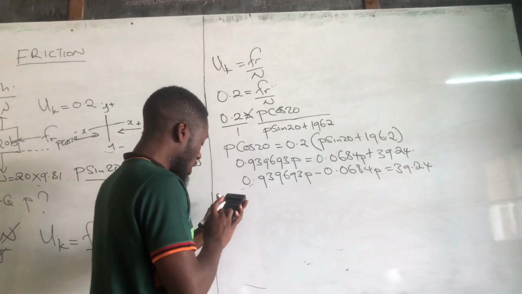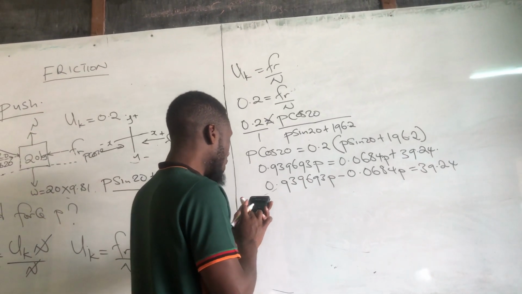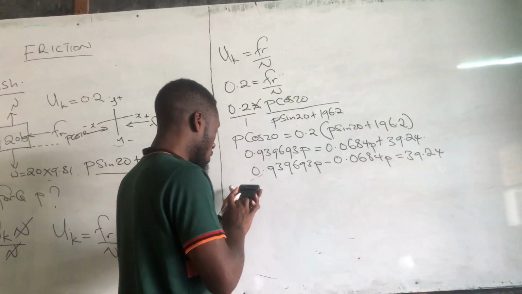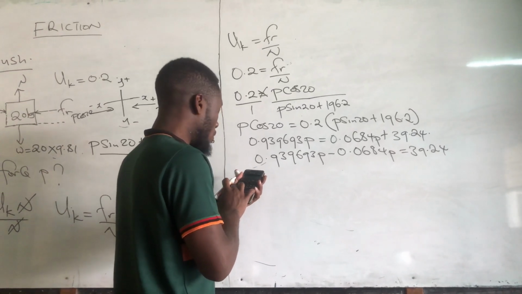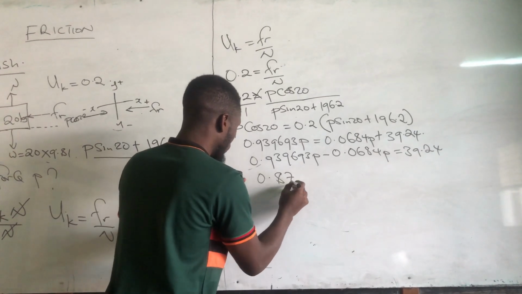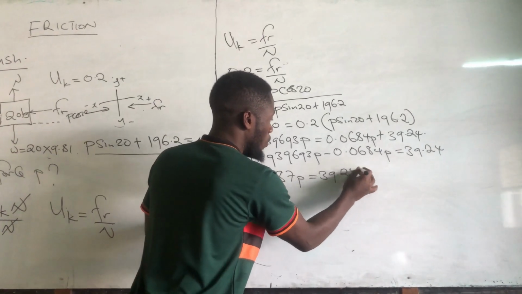0.939693 minus 0.0684, which is equal to 0.87. So 0.87 P is equal to 39.24.